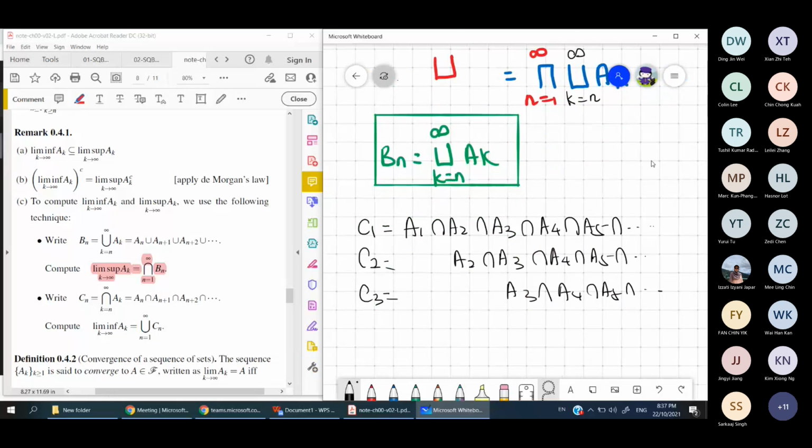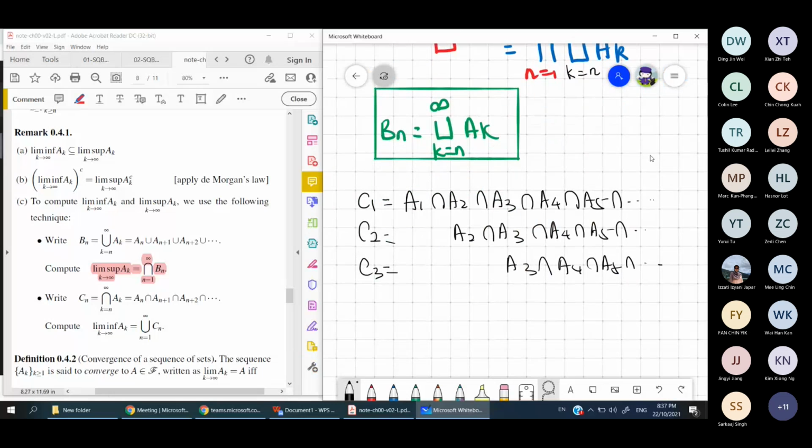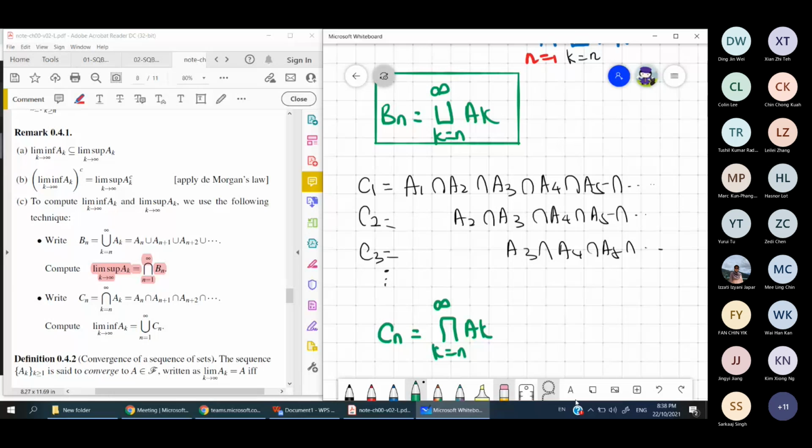So this is our C. Similar to this one, where Bn is the union of this, Cn is the intersection of Ak, k running from n to infinity. Maybe I change the color so that you can see the pattern here. It depends on the running index here. This is 1, you begin with 1. 2, you begin with 2.